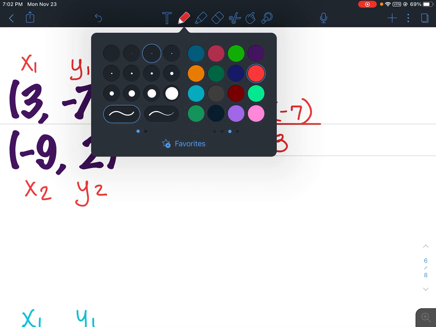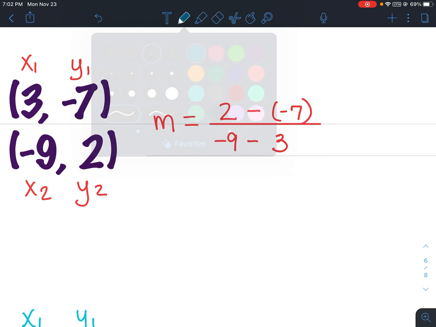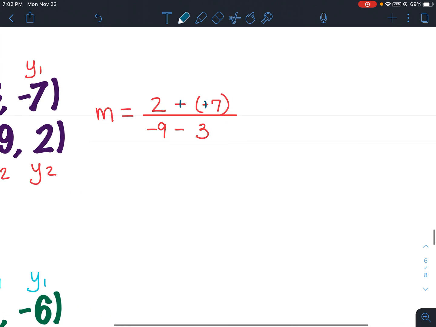Now, back in the very first lesson we did, or towards the very beginning of the year, we know that minus a negative actually becomes positive. So in other words, this is 2 plus 7 over -9 minus 3.